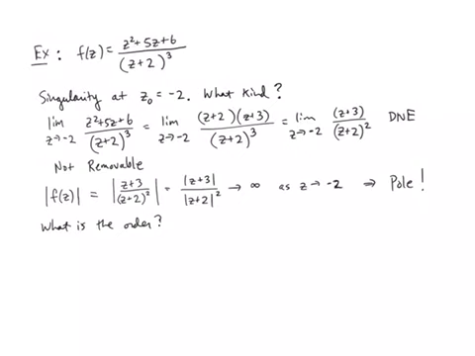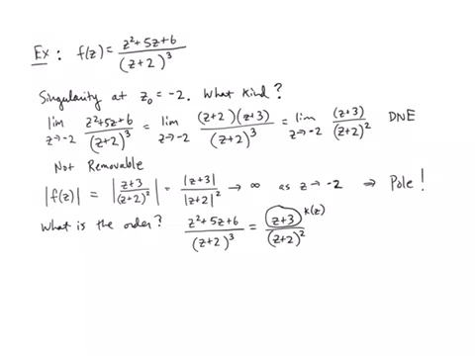Well, that's easy to figure out, because again, what we do is we write, so our function is not defined at negative 2, but again, just canceling that factor, we get z plus 3 over z plus 2 squared, and you see that this here, z plus 3, we call that k of z.